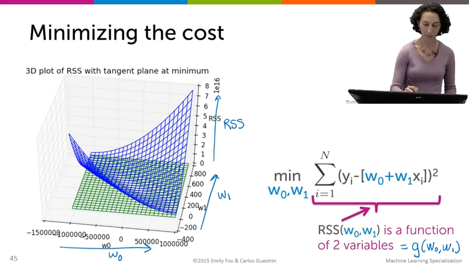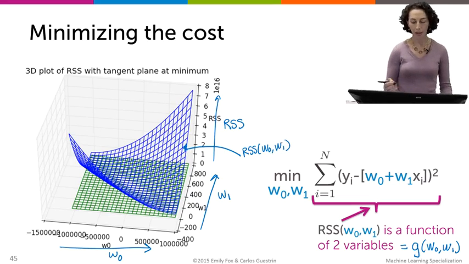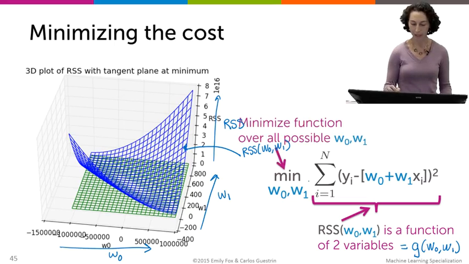And that is this blue mesh surface here. That's our residual sum of squares for any given W0, W1 pair. And our objective here is to minimize over all possible combinations of W0 and W1. So mathematically, we write that.